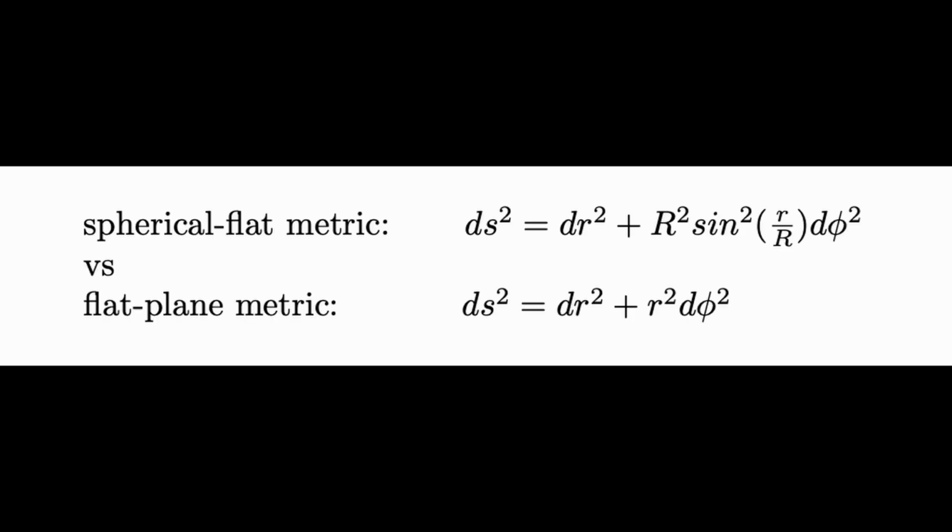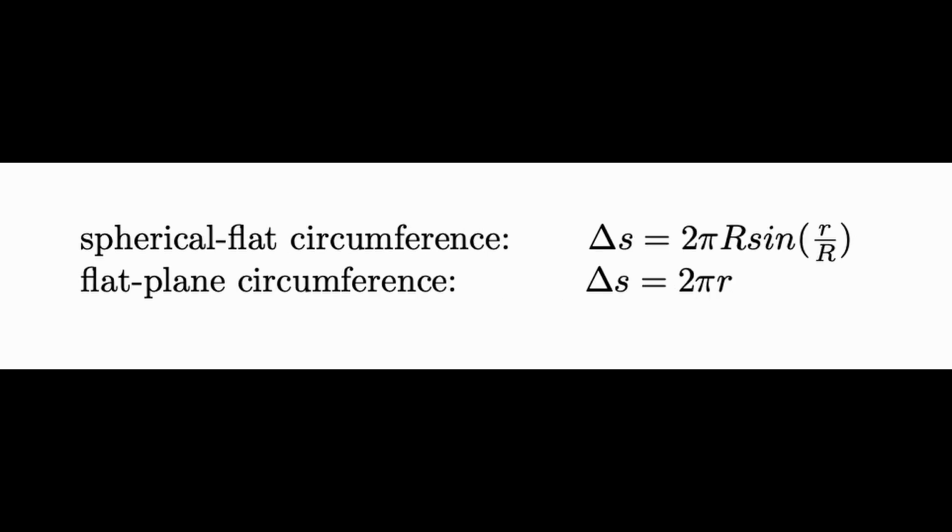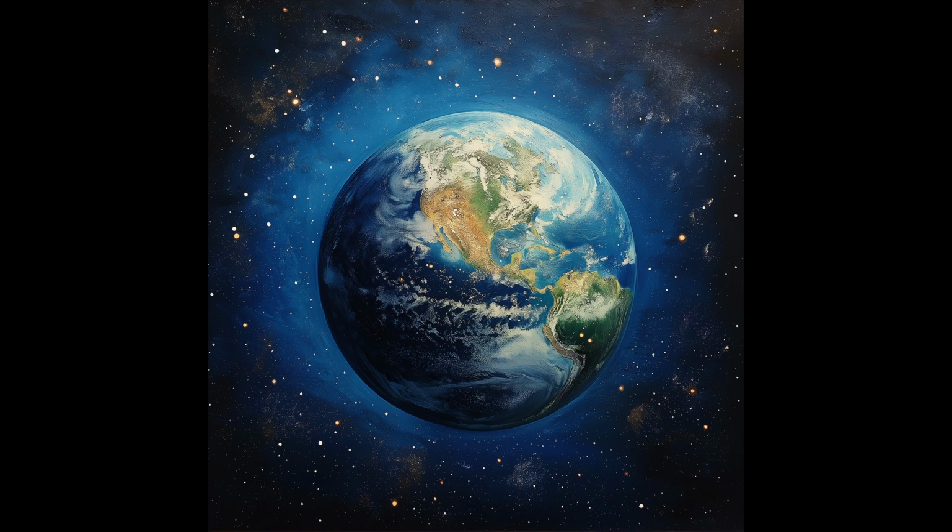There's a big difference between this and a flat plane metric. We see that if we were to walk around in a circle with constant radius r0, the distance we measured would not be the 2 times pi times r0 we expect from the flat plane, but instead it would be 2 pi R times sine of r over capital R. This is the number one way a mathematician who thinks they are living on a flat plane could convince themselves they are indeed on a sphere.